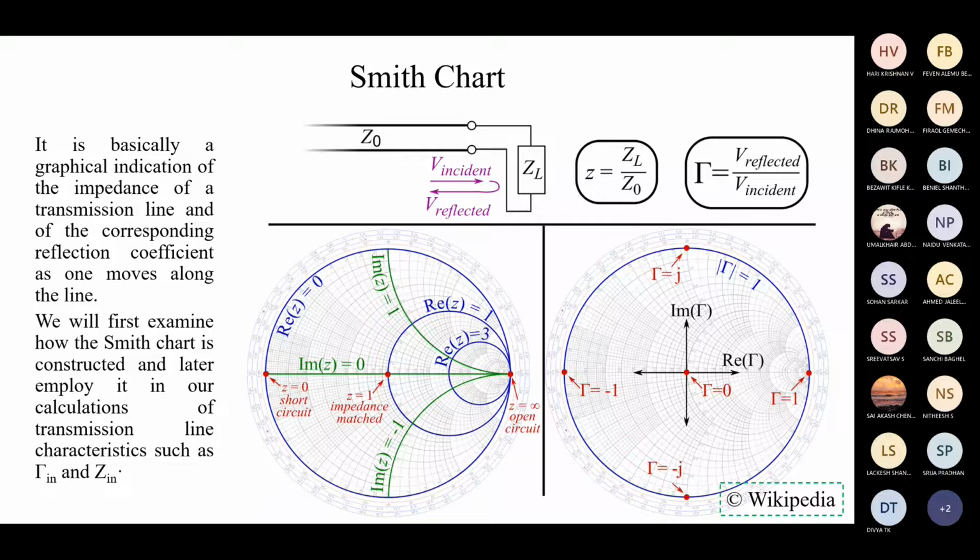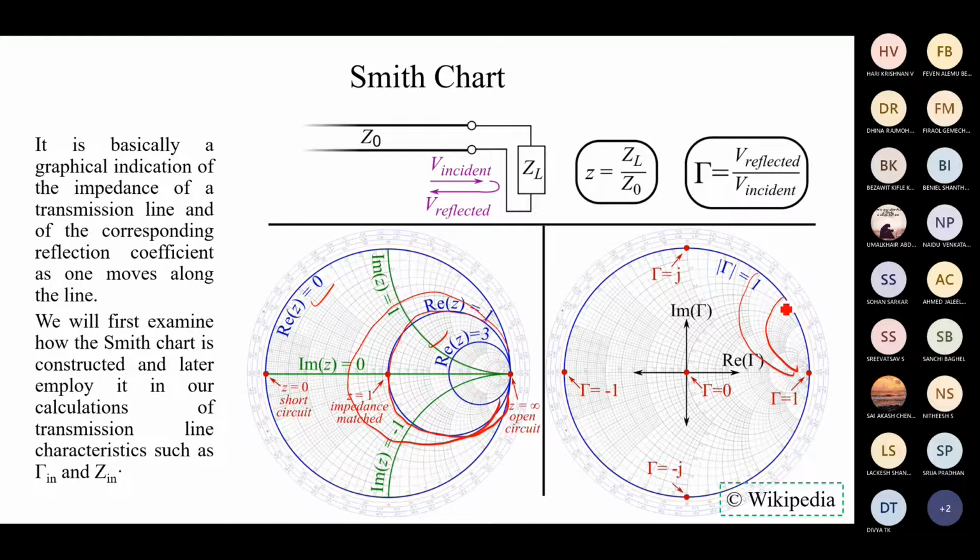You can notice here that the center points of the concentric circles keep moving. You can see that there is a circle here and another circle here. This is the nature of the chart, and it has two sets of circles. One is the real circles, which describe the resistance part, and similarly the imaginary circles, which come from the external edge.